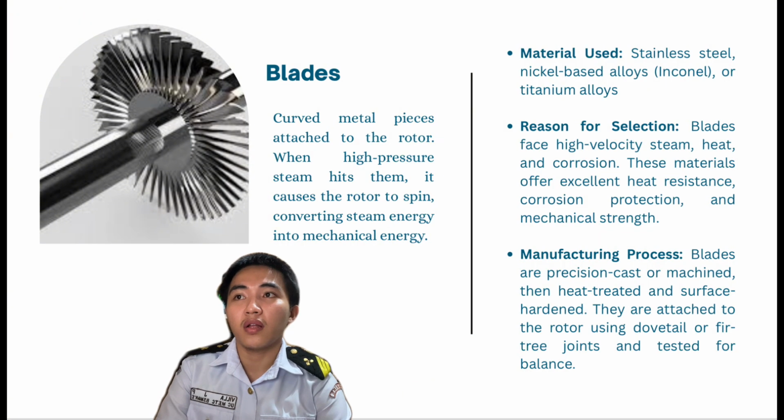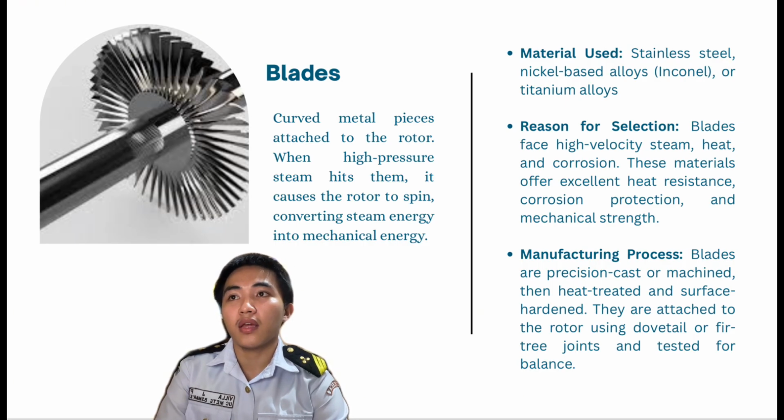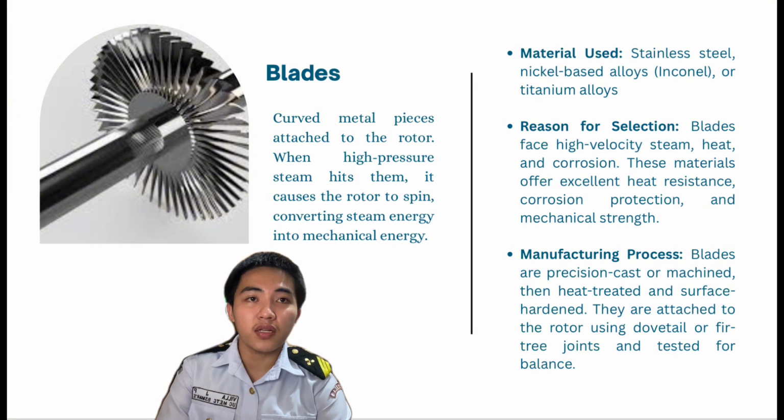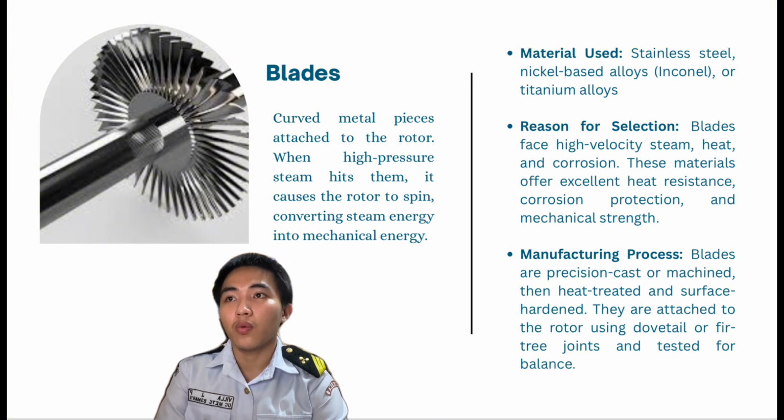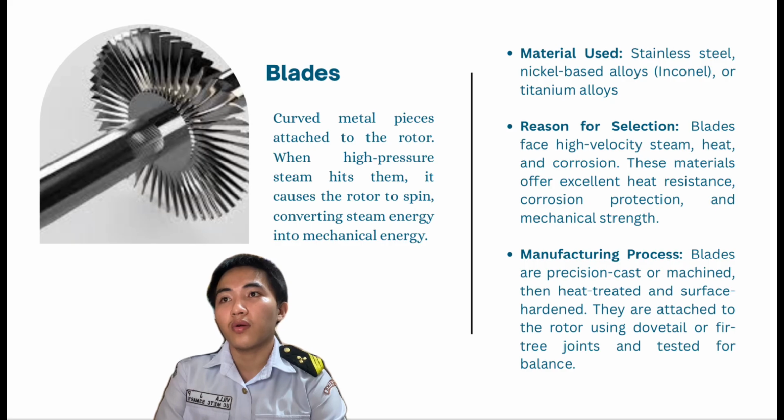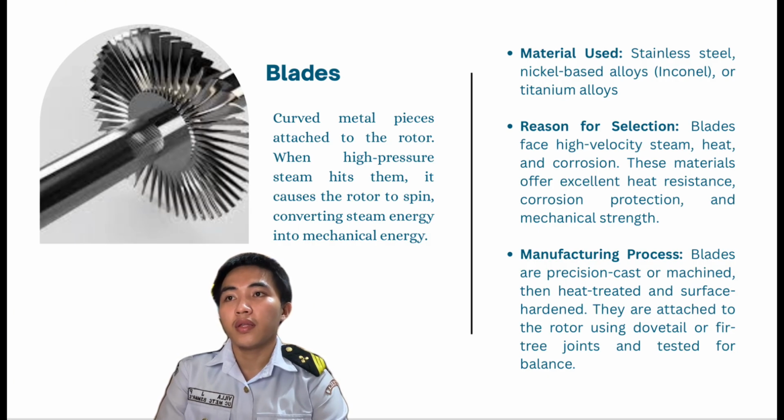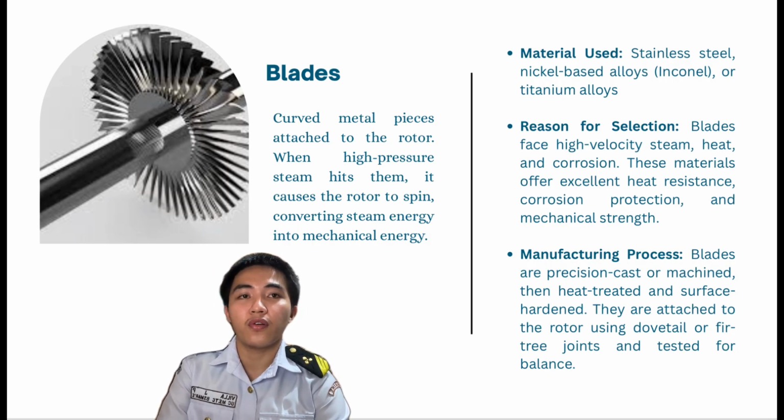These materials offer excellent heat resistance, corrosion protection, and mechanical strength. Manufacturing process: blades are precision cast or machined, heat treated and surface hardened. They are attached to the rotor using dovetail or fir-tree joints and tested for balance.